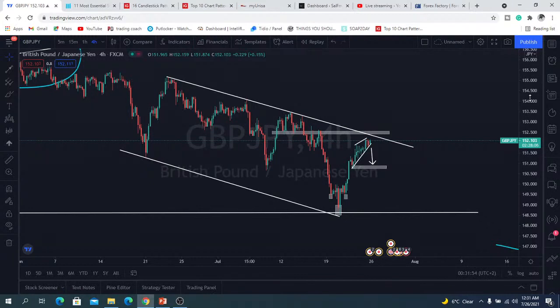Do OPEC news mess with your analysis? News, obviously, they do mess with my analysis. When you have a very clean setup like this one, it happens that news comes and then it shoots up. You need to reanalyze your charts.